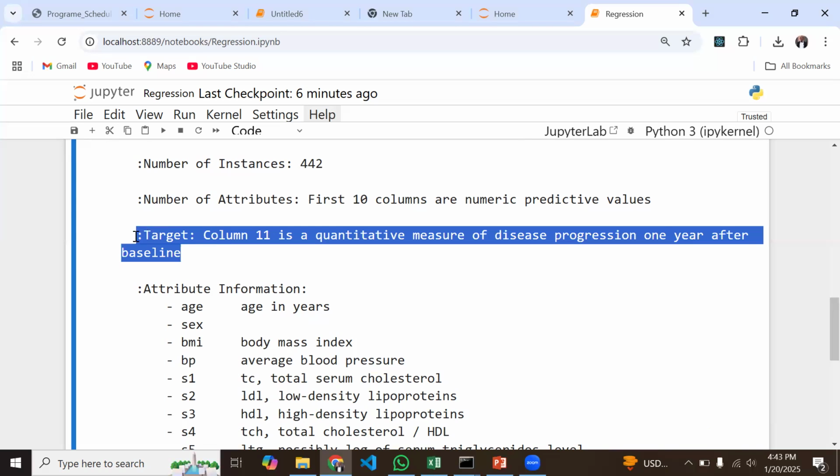So if we had, for instance, maybe a medic, they are quite knowledgeable in these matters to tell us exactly what is happening. But let's just understand it the way it has been presented to us. They are saying that for column 11, which is going to be our target, it is a quantitative measure of disease progression 1 year after baseline.